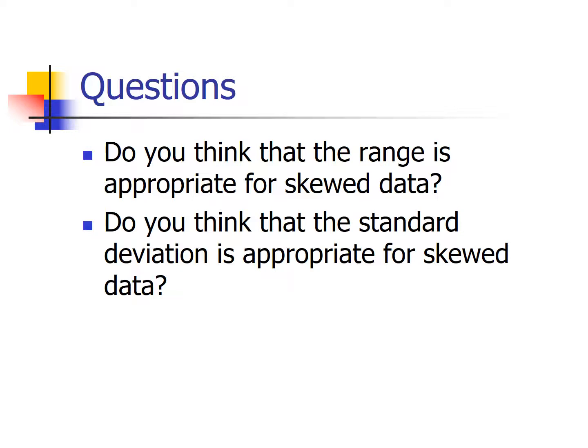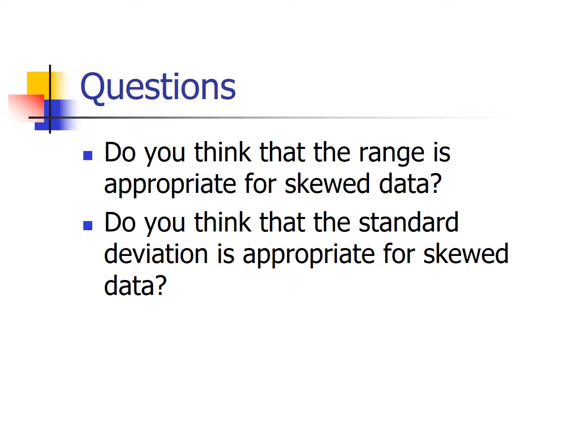Remember that the interpretation of the standard deviation is the average distance of the observations from the sample mean. So its whole definition, its whole identity is built around the sample mean. We know that the sample mean is inappropriate for skewed data, and hence it should be maybe a little bit intuitive that anything based off the sample mean should also be inappropriate for skewed data.